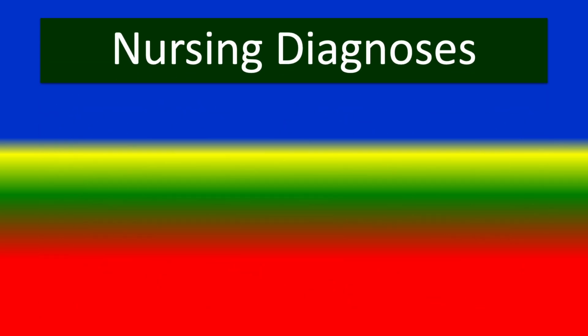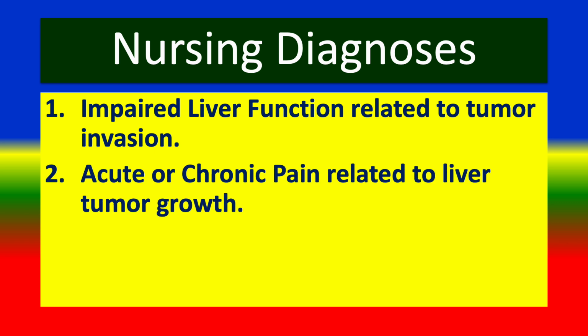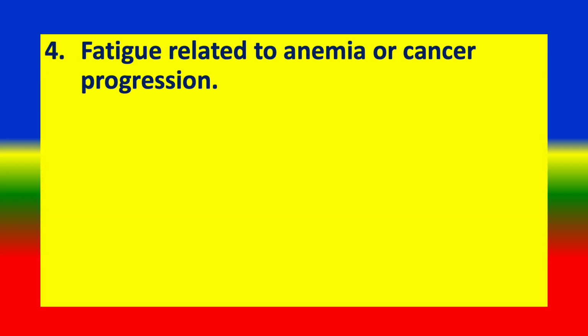Nursing diagnosis: 1. Impaired liver function related to tumor invasion. 2. Acute or chronic pain related to liver tumor growth. 3. Risk for bleeding related to impaired liver synthesis of clotting factors. 4.